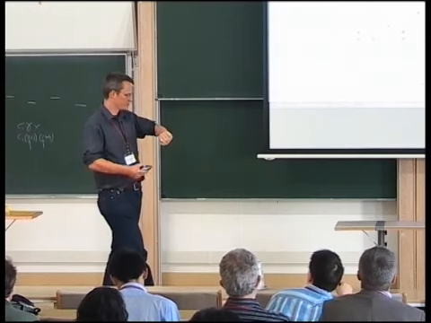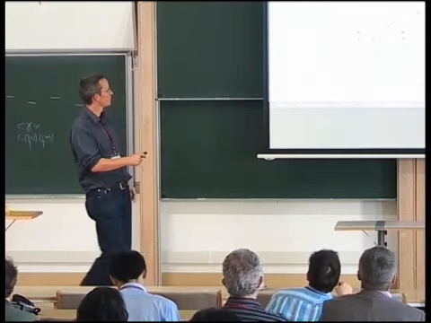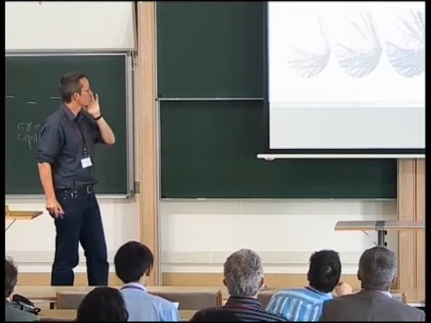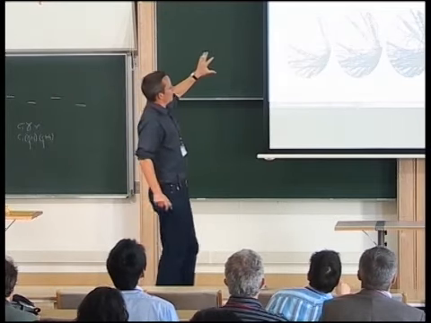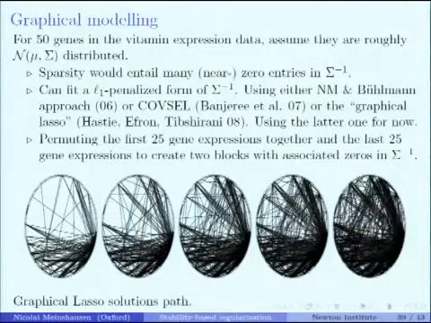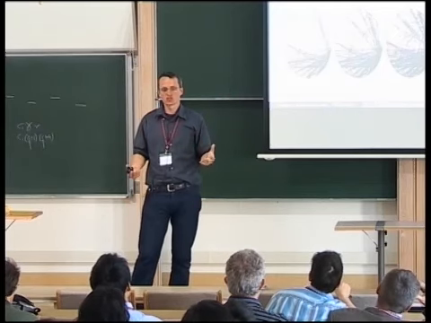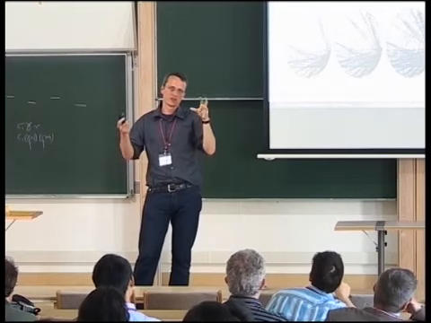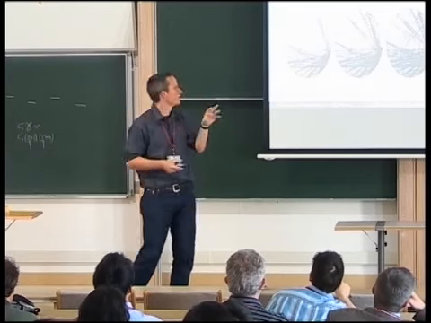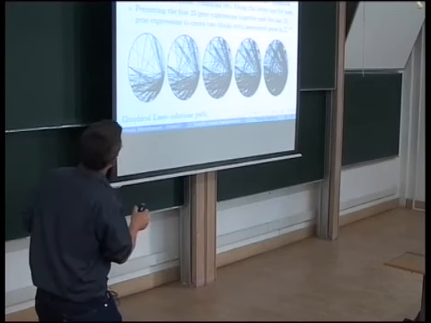Now let me just briefly give you an application to graphical model selection. So the task here is, you've got about 100 genes again, and you want to infer what is the underlying graph you have. So if you assume it's a multivariate normal distribution, you want to have the relevant entries in the inverse covariance matrix here.